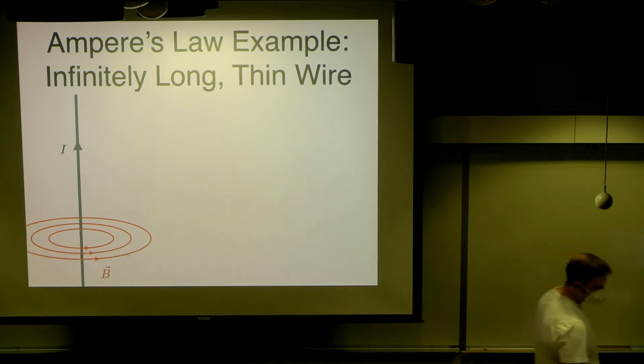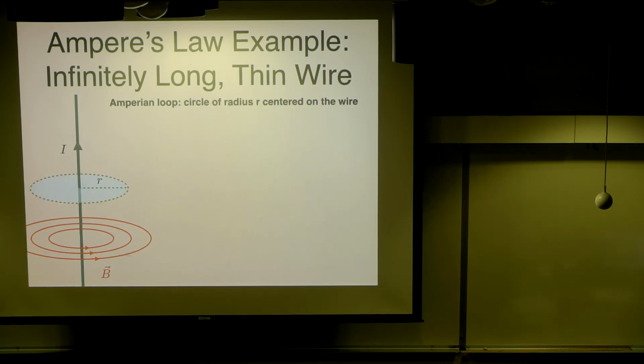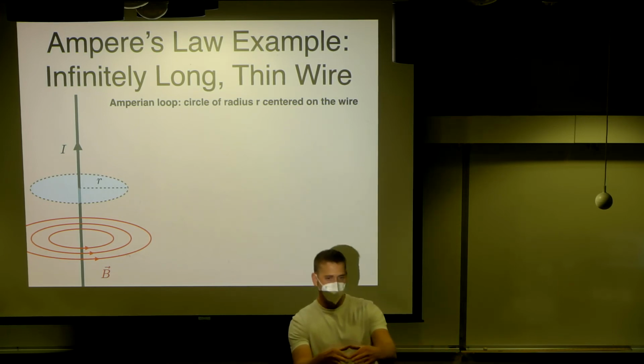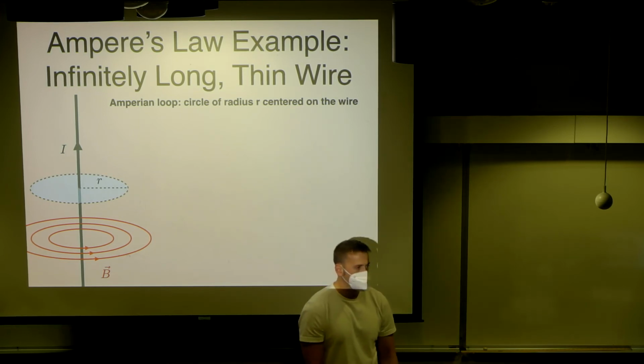Okay? So now we're applying Ampere's law. We have to come up with some kind of Amperian loop. Okay? Anytime you're dealing with a wire, just a long segment of wire that carries a current, your Amperian loop is going to be this. It's just going to be a circle that is directly centered on the wire. Okay?